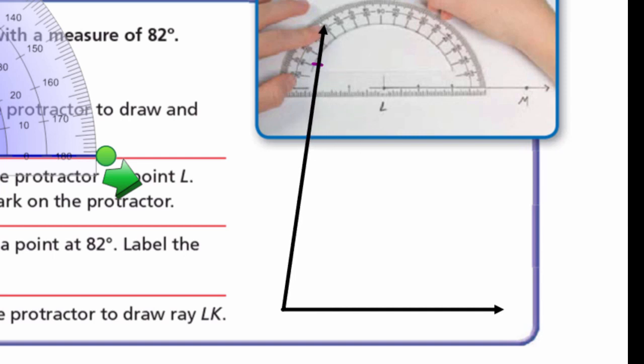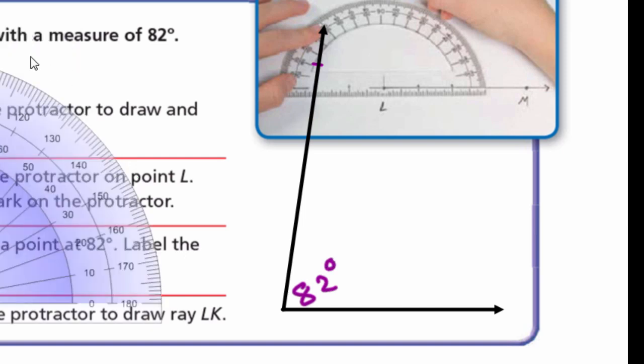And here we have our angle of 82 degrees. And we just have to name it angle KLM. So we can write here, for example, K, and the vertex is L, and here M.